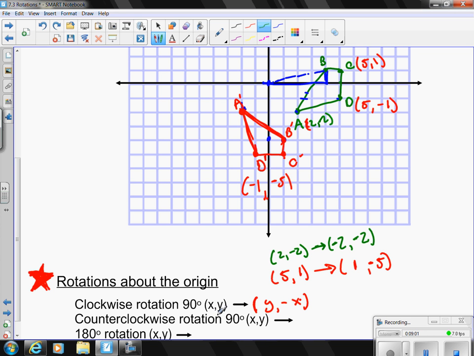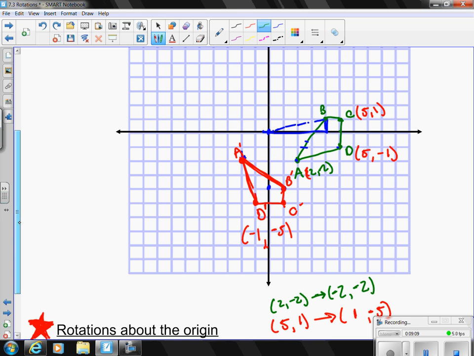For a 90-degree counterclockwise rotation, we're going to be going the other direction. If I was going to rotate B, which is at 4, 1, counterclockwise, it's going to end up over here, right? Imagine this triangle.